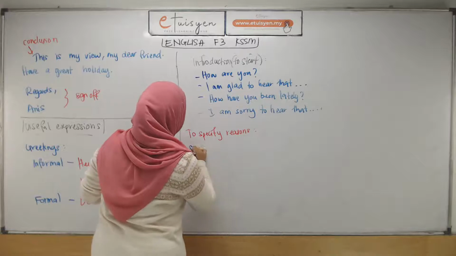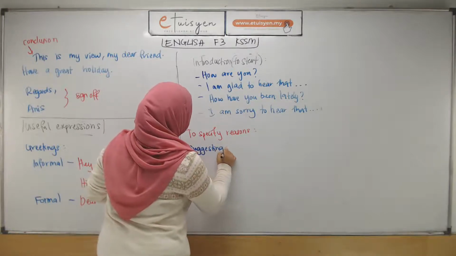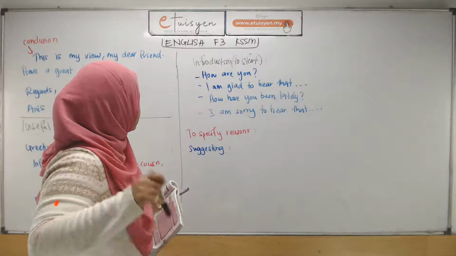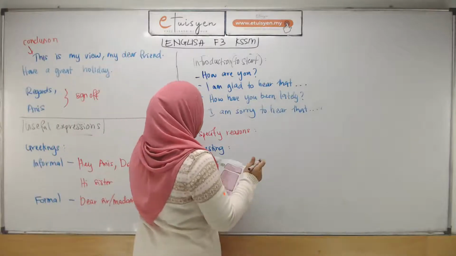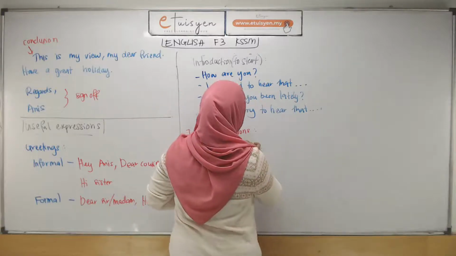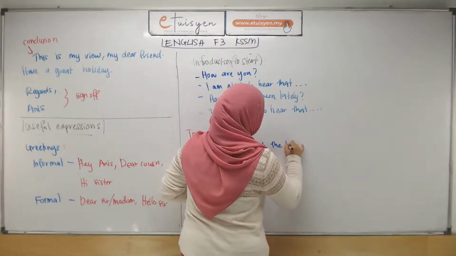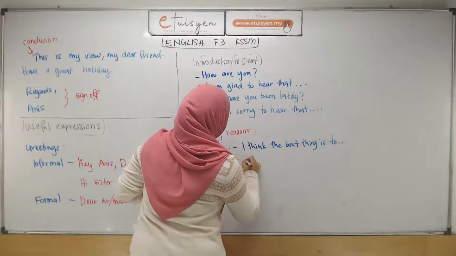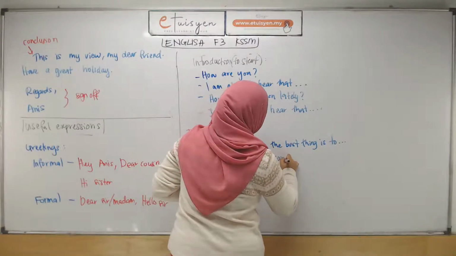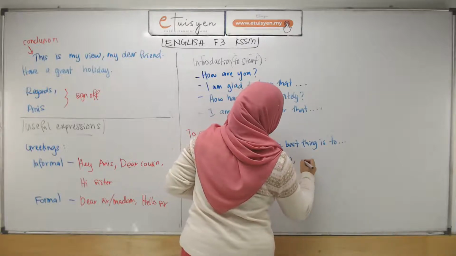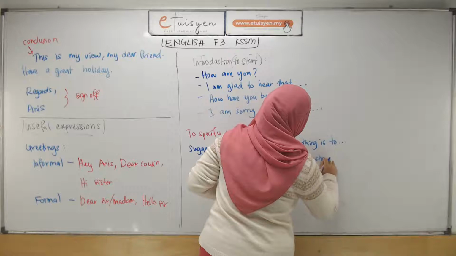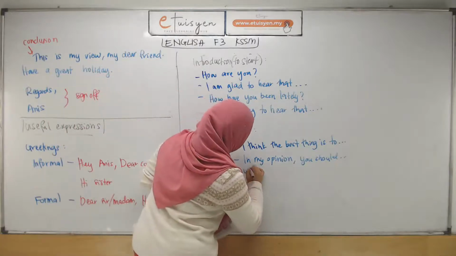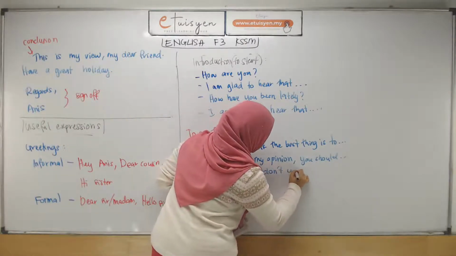Say for example, like earlier, they ask you for a suggestion. What can you write for suggesting? Oh no, can you still see the black? Let me write in blue. For suggesting, the first one you can write is "I think the best thing is to...", or "In my opinion, you should...", or "Why don't you...".